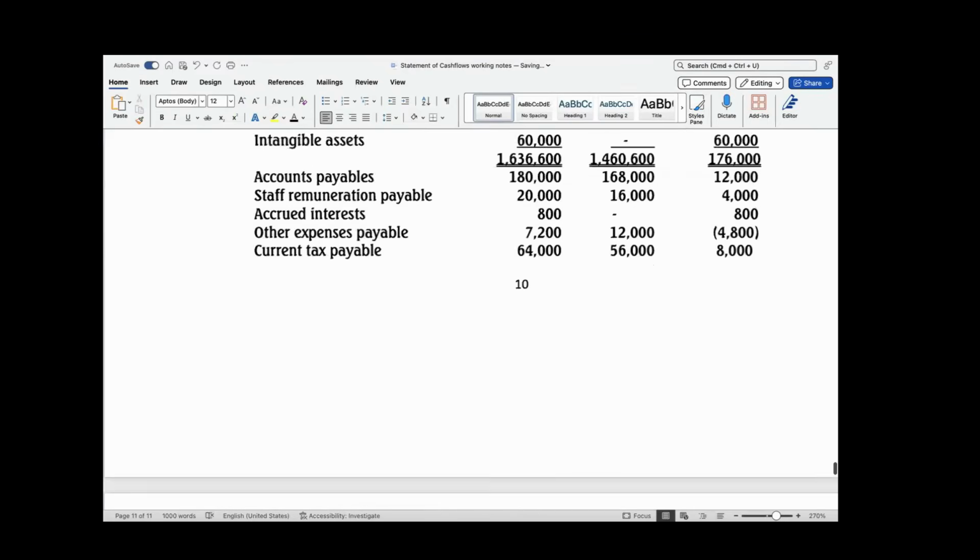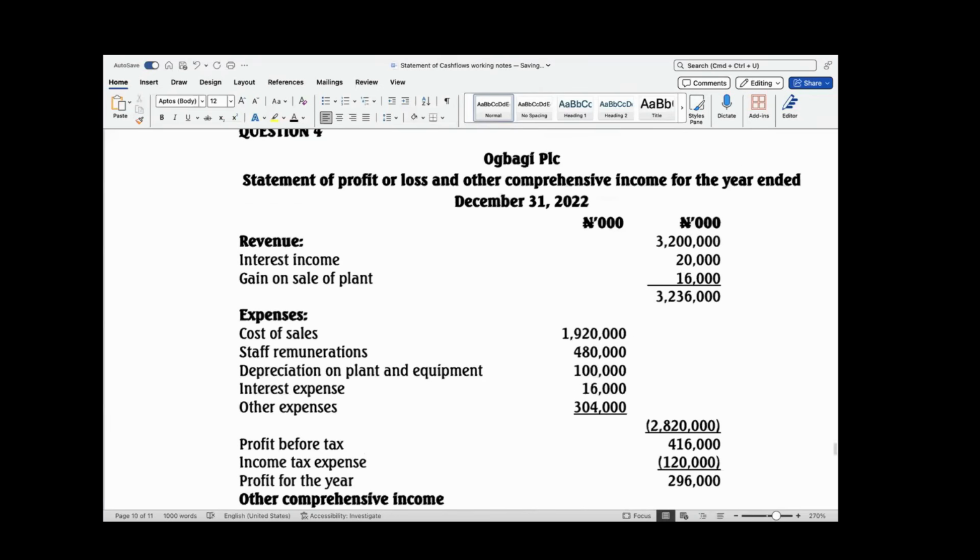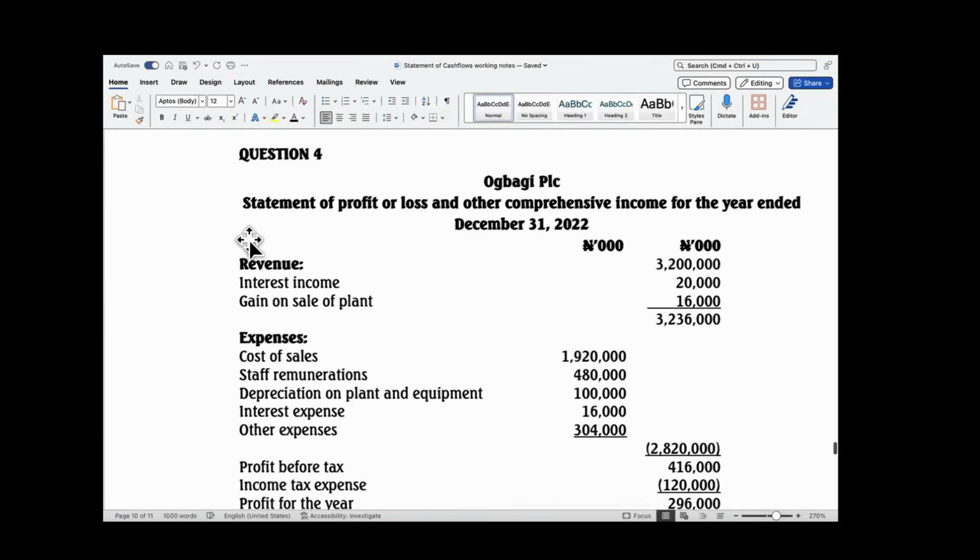Now, for the direct method, this one requires you to pick out the cash element of each item one by one. I told you that the difference between direct and indirect lies in the treatment of operating activities. Investing and financing are the same, irrespective of the method you're using.